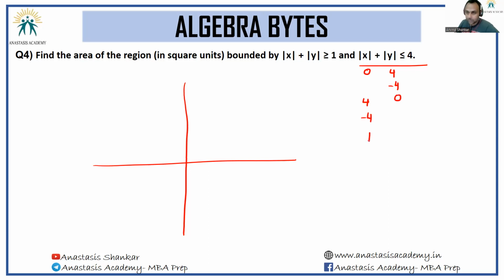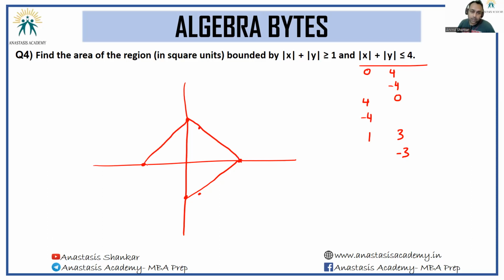If I take x as 1, y can go up until 3 and minus 3. So the 4 points that I'm dealing with would be something like this.